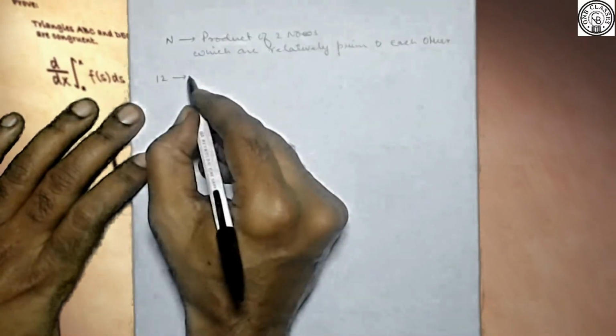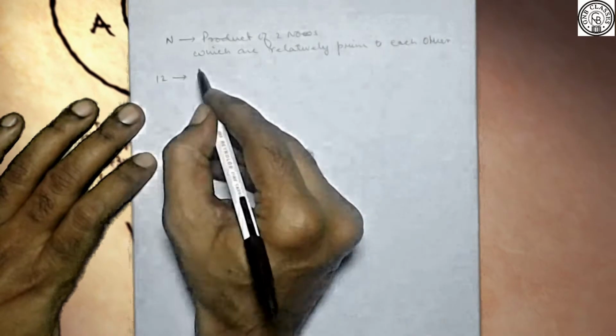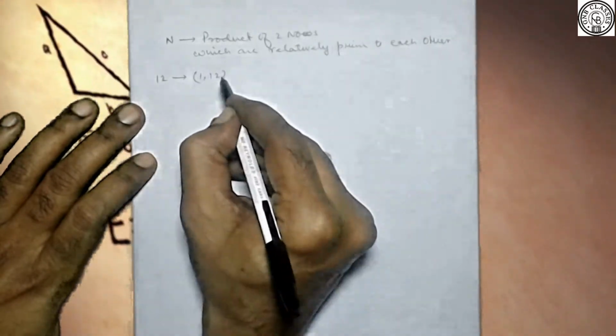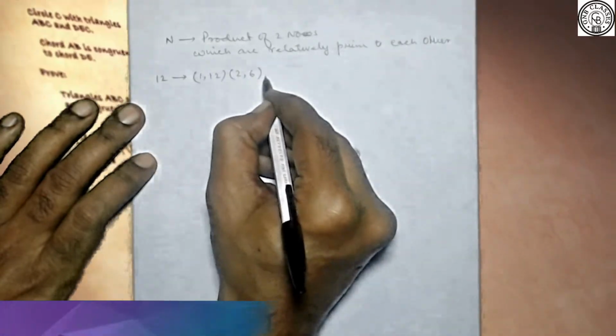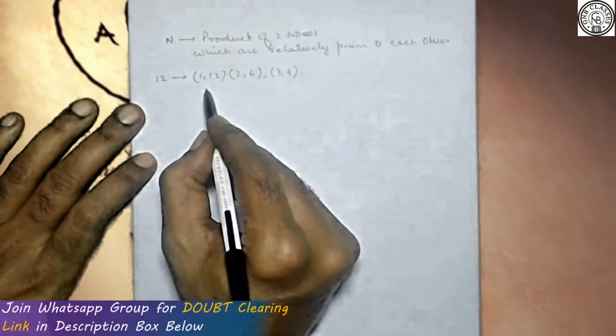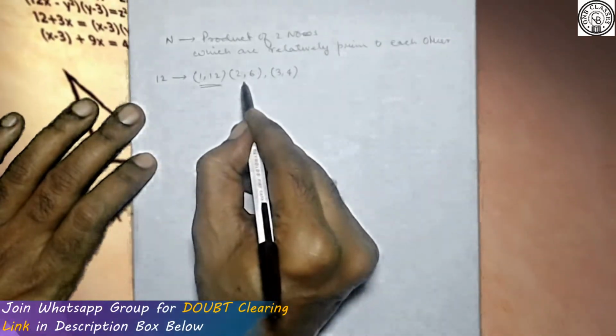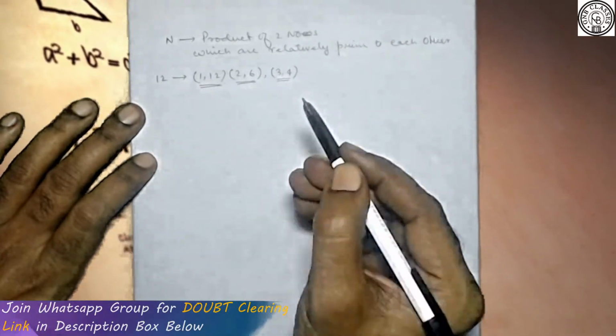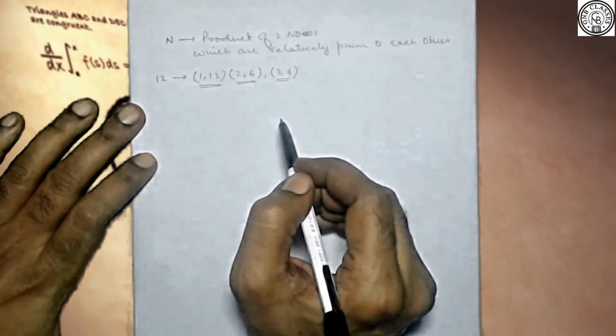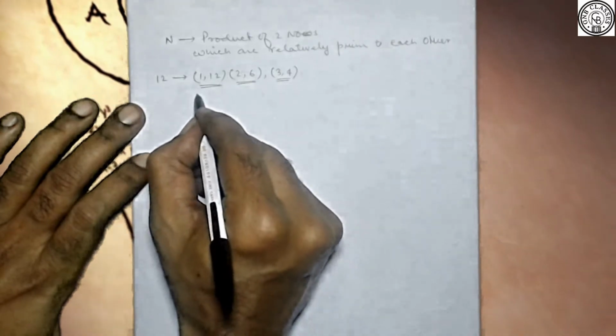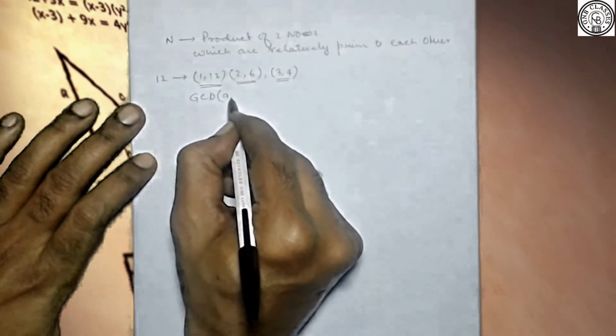As a product of two numbers, if you want to express 12, what are those? Okay. Now, how many ordered pairs can you select which are relatively prime to each other? Relatively prime means the GCD of those two numbers will be equal to 1.